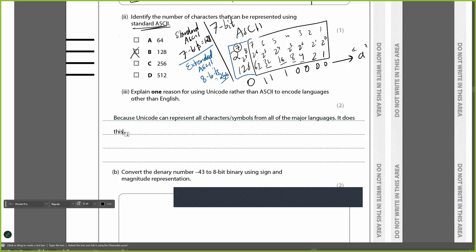It does this by increasing the number of bits to accommodate more characters. You can say this in an easier way: a number of bits to represent more characters.